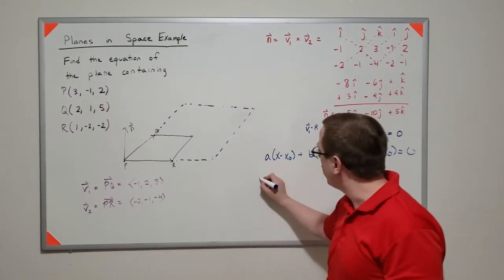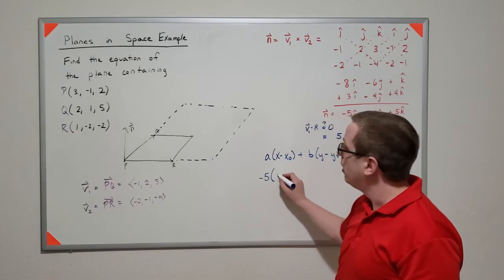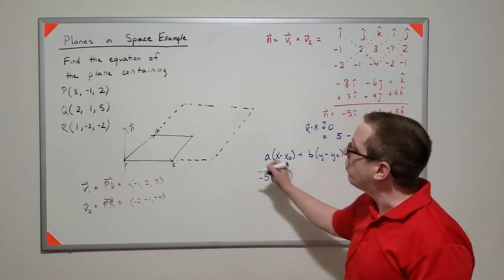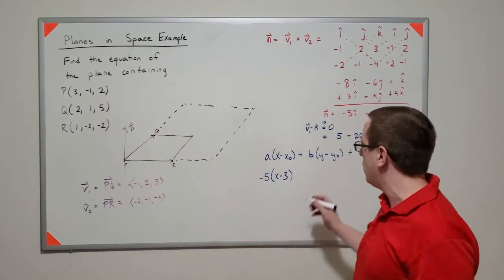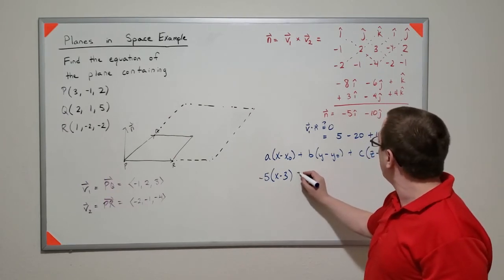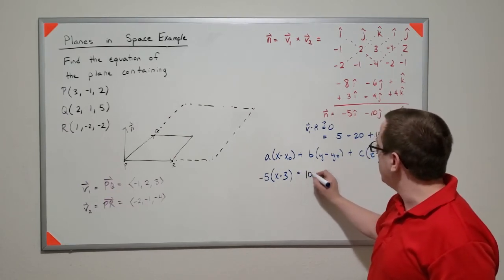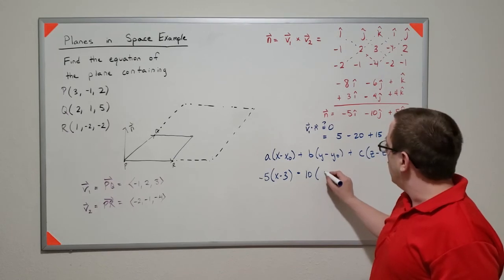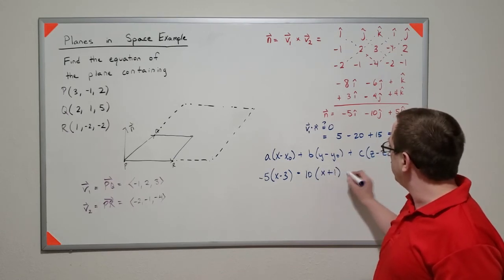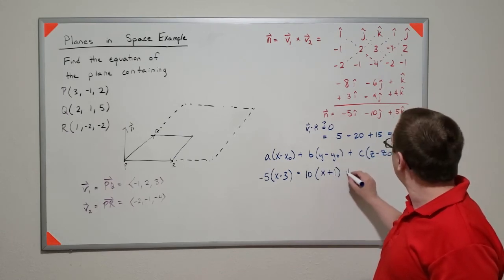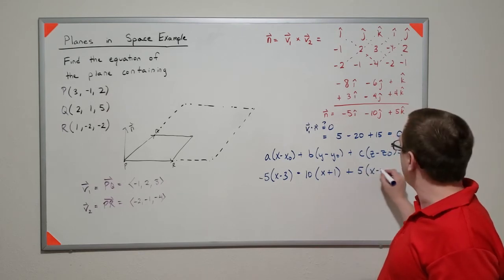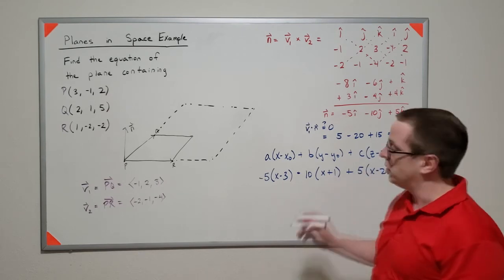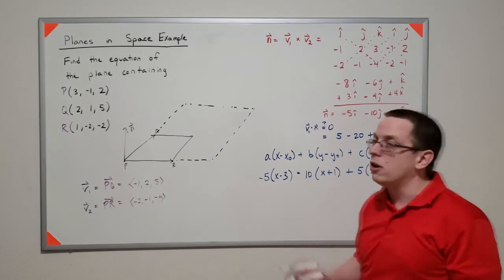So the components of the normal vector, negative 5, (x minus 3). If we pick P as the point here, minus 10, (y plus 1), plus 5, (z minus 2) is equal to 0. And this would be a standard equation of the plane.